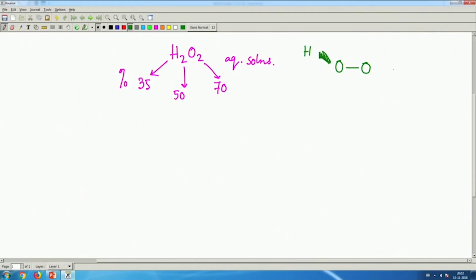Because it has a typical shape, and it is basically utilized for this, which can give rise to, if we take out 2H plus, O2 2 minus, which is the peroxide anion.